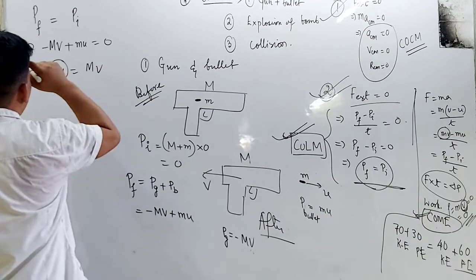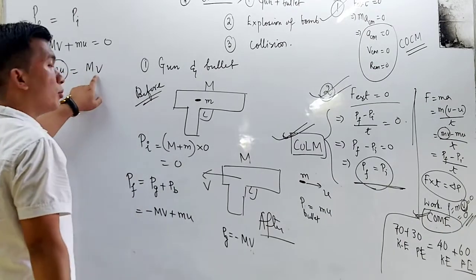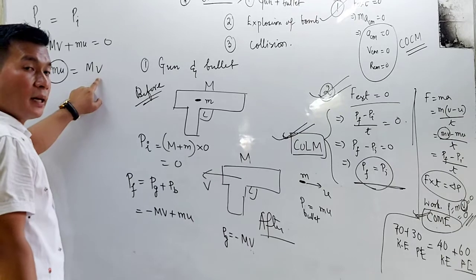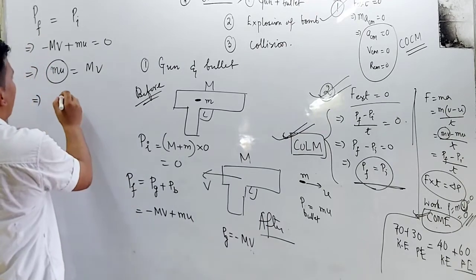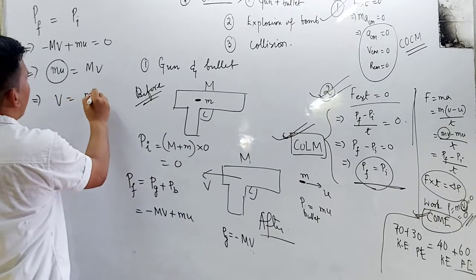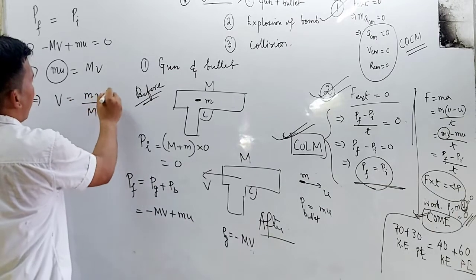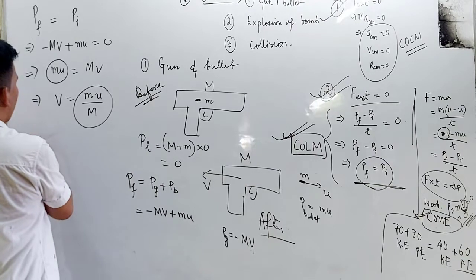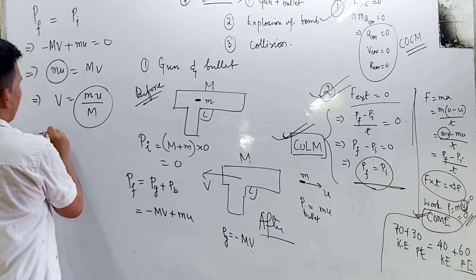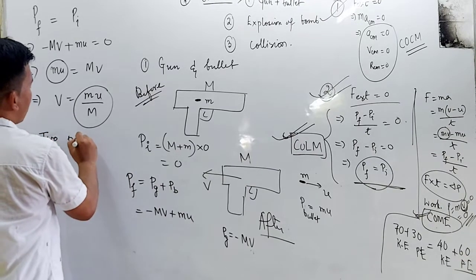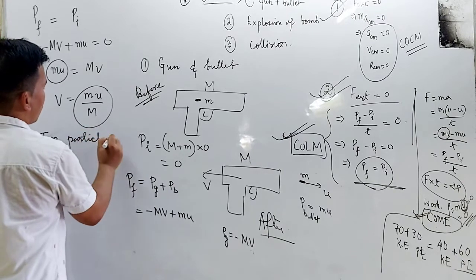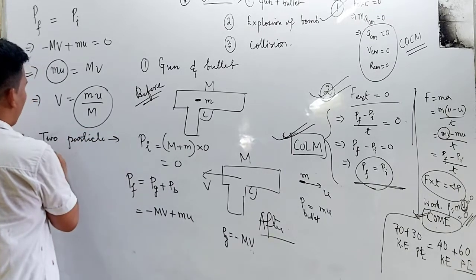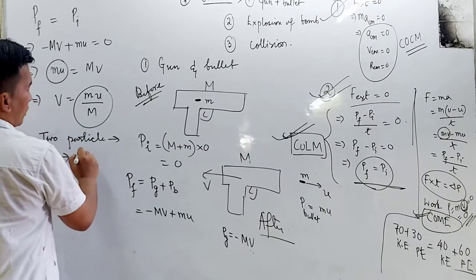That is, momentum of the bullet will be equal to momentum of the gun. And here V will be equal to Mu divided by capital M. Conclude from here that for any two particle system, conservation of linear momentum will be like this.